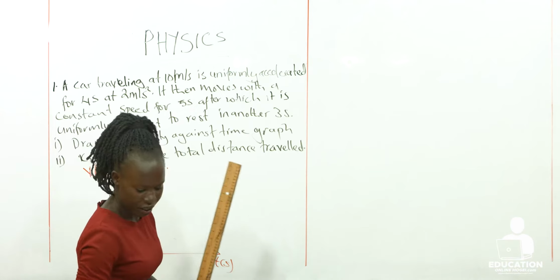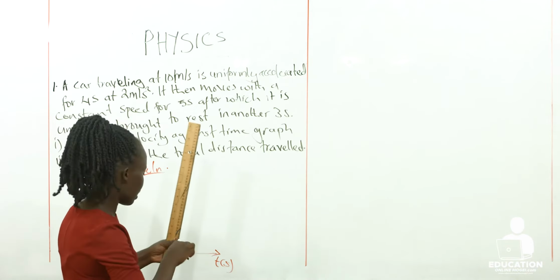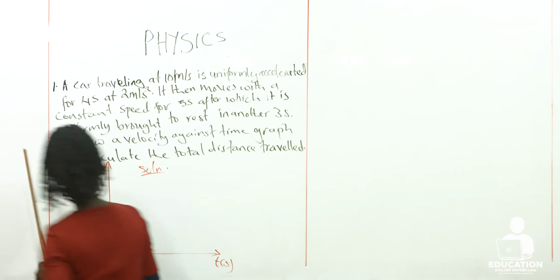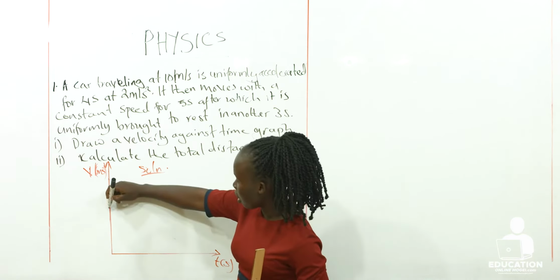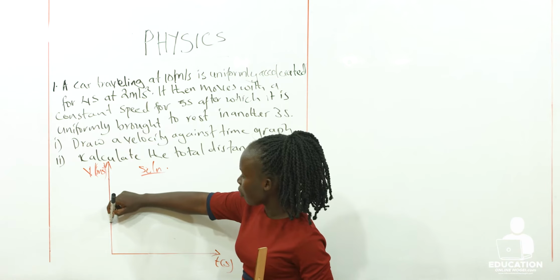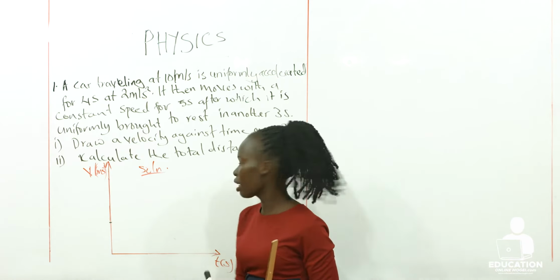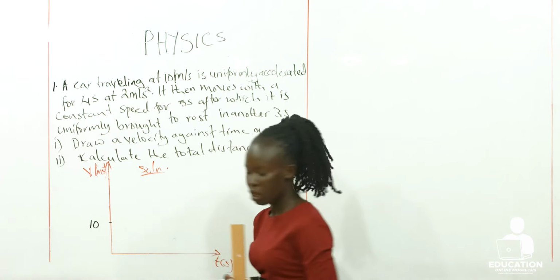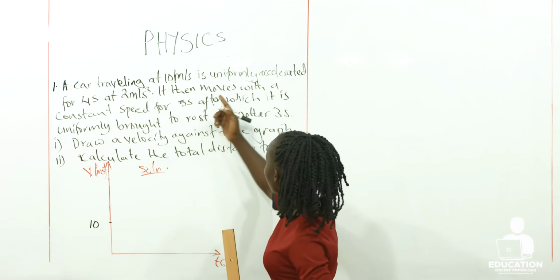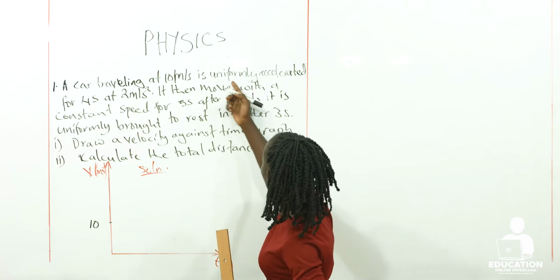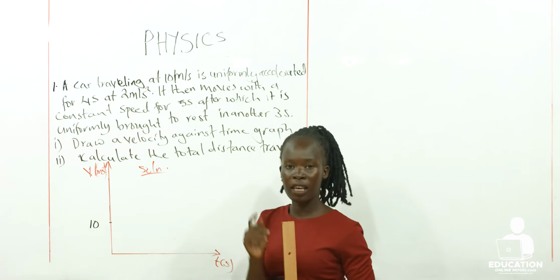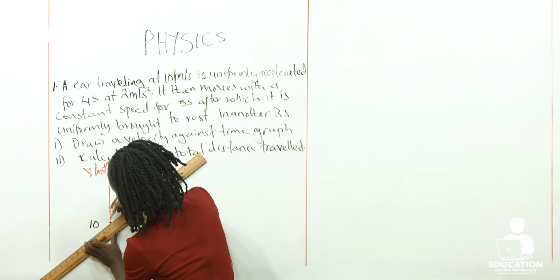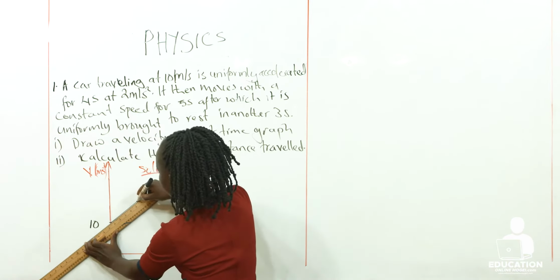Let's assume that it is at this point here that the body was having the 10 meters per second. So here we have our 10, that velocity. The question is saying that it is uniformly accelerated for 4 seconds. So we are accelerating our car uniformly like this.